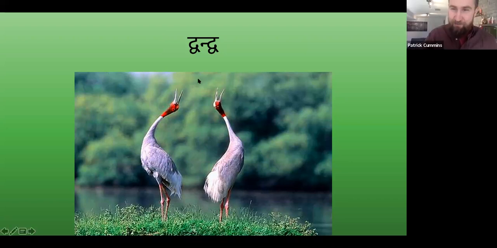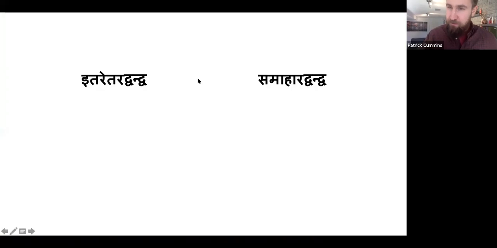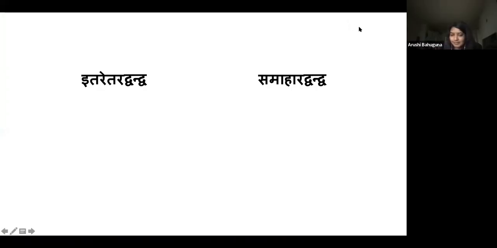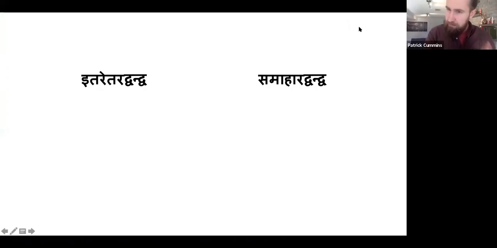Yeah, exactly. So there are two basic types. Goldman doesn't get into it. Deshpande in lesson 32 does start talking about it. And the basic division is the itaretara dvandva and the samahara dvandva. If we take the term itaretara, how does that break up with the sandhi, and what does that mean?